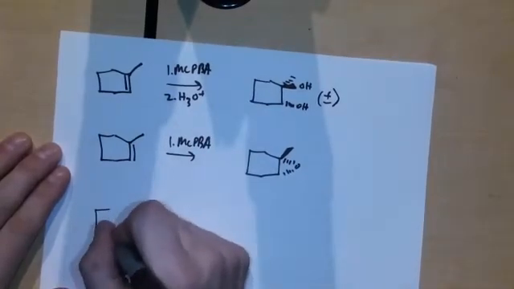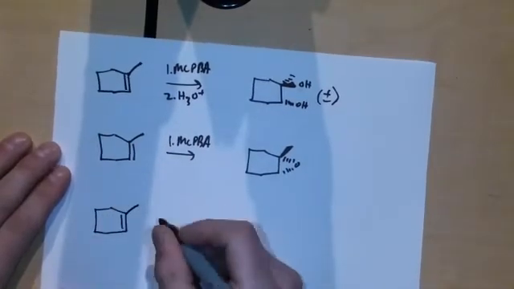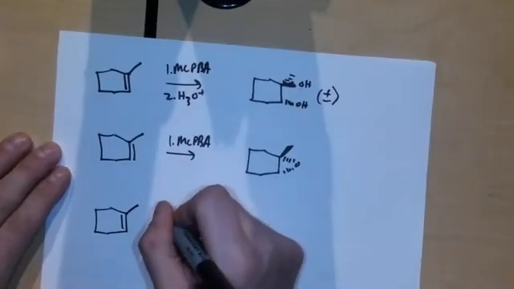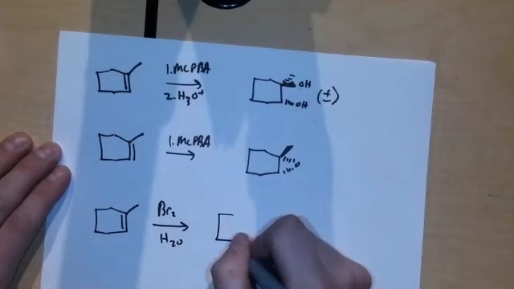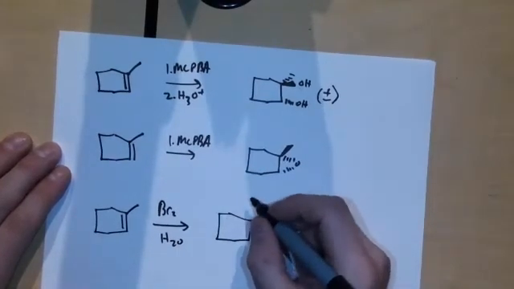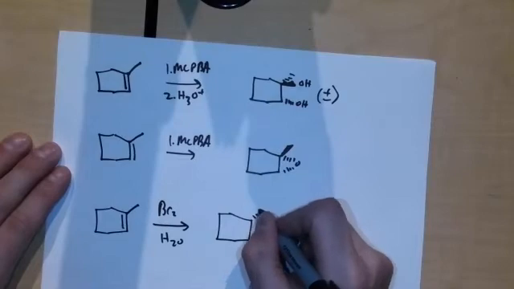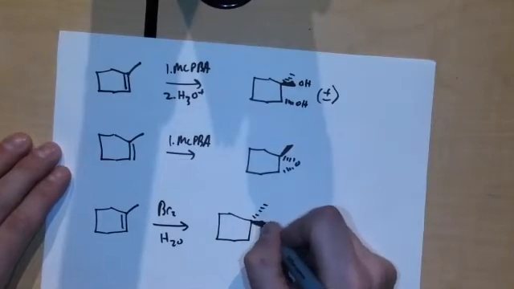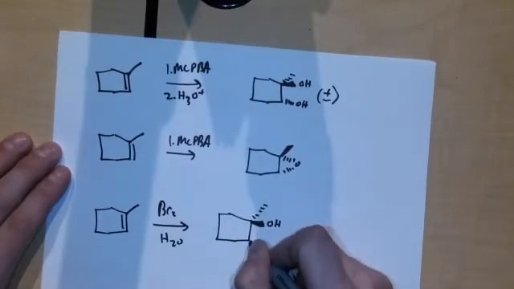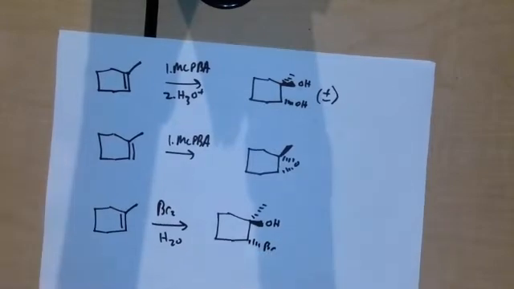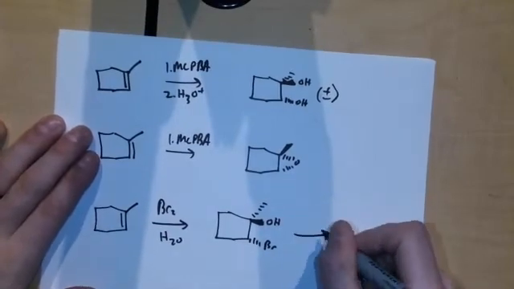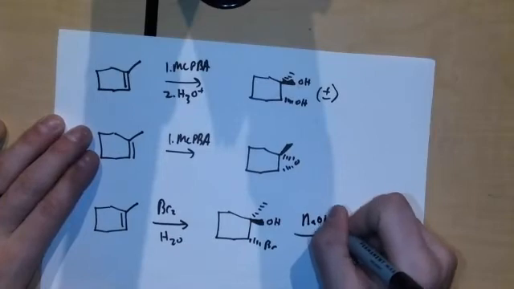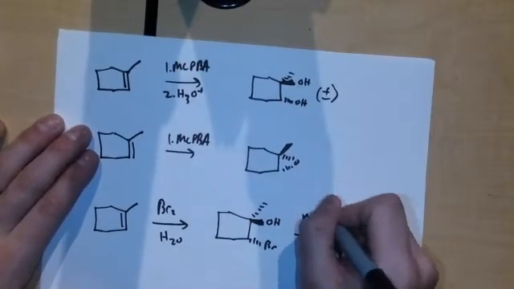If you throw in Br2 and water, you can make anti-addition of bromine and OH here. You can throw in a base like NaOH, pull off this proton.